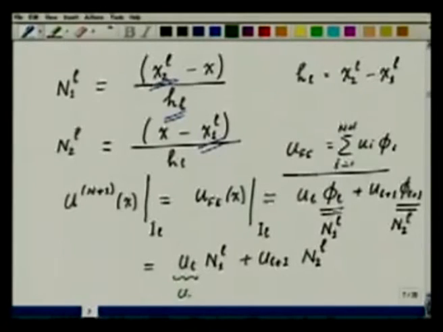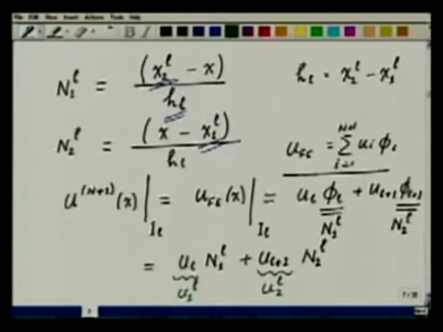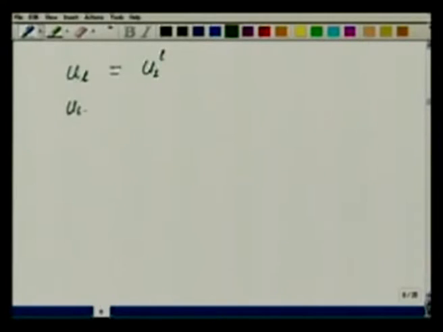So in the element, this is U1 of L, and in this element this guy is U2 of L. So you should remember that UL is equal to, in the element, U1 of L, and UL plus 1 is equal to, in the element, U2 of L. So what do we have?